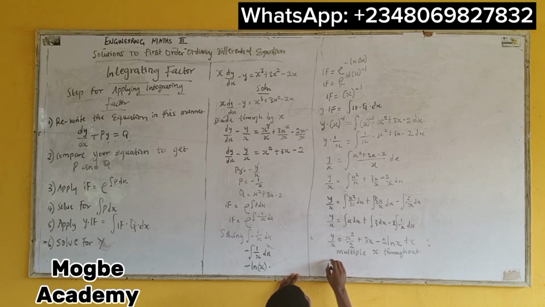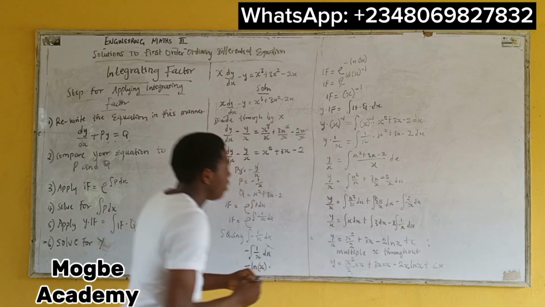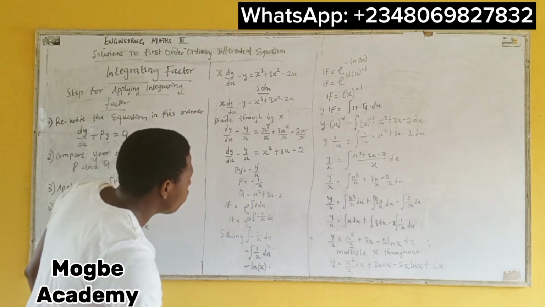Now if you do that, you have what? Y is equal to x squared over 2 times x plus 3x times x minus 2x ln x plus cx. So what do you think your final answer will be?